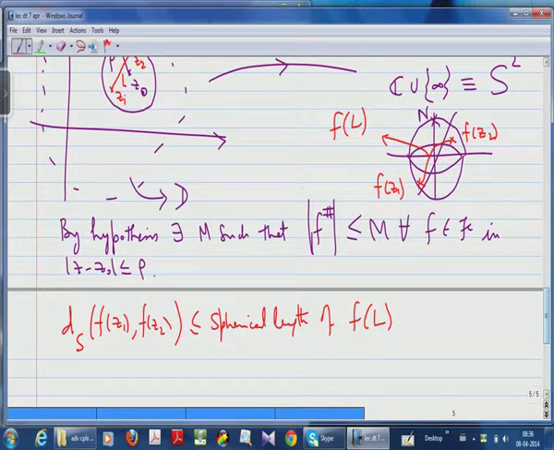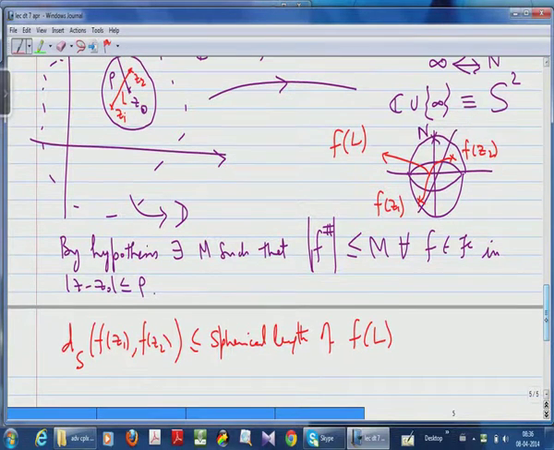Well, what is the spherical length of f of L? You know how to get the formula for the spherical length. If you give me a curve on the plane, that is a contour on the plane, then the length of the contour is just given by integrating mod dz, where z is a variable. You integrate mod dz from the initial point of the contour to the final point of the contour, and you get the length of the arc on the plane.